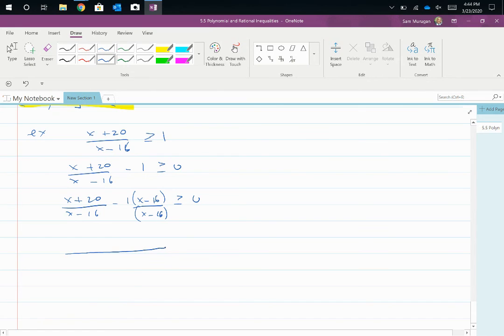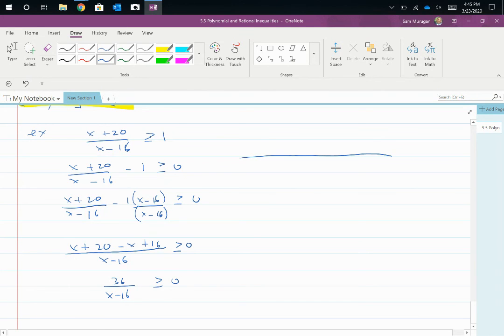In other words, we're combining this into one fraction, x plus 20 and x minus 16. They now have the same denominator. Distribute the -1. We have negative x plus 16, so the x's cancel out, and this is 36 over x minus 16 is greater than or equal to 0. So the only point we have to consider is that x cannot equal 16.